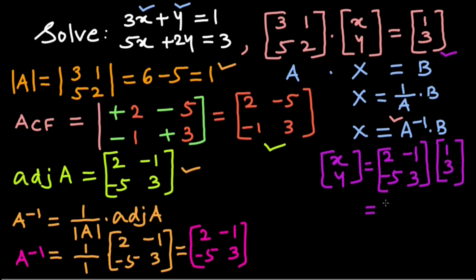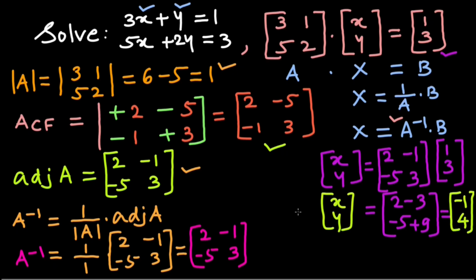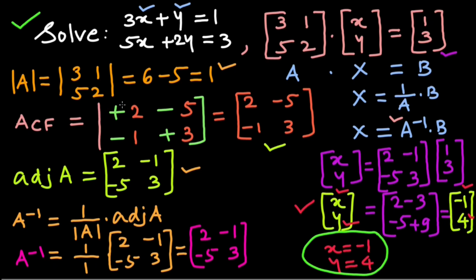So this matrix multiplication will be 2 minus 3 and minus 5 plus 9, which will be a column matrix minus 1, 4. Now by equality of matrices we write x equals minus 1 and y equals 4. So this is the solution of these linear equations in two variables.